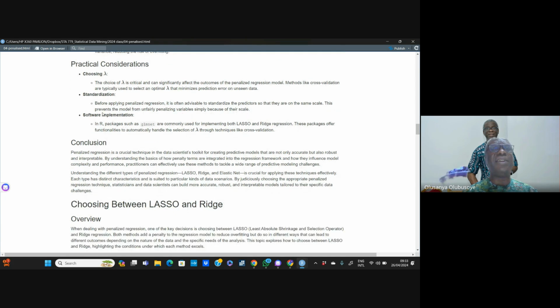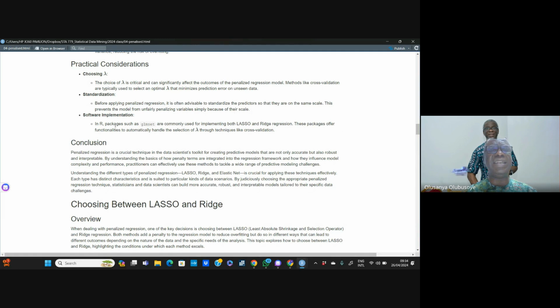Then another practical consideration is the software. R is what I've always been recommending, but there are other packages and other software, including Python, that you can use.